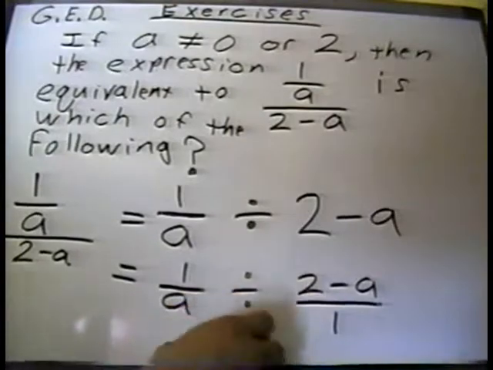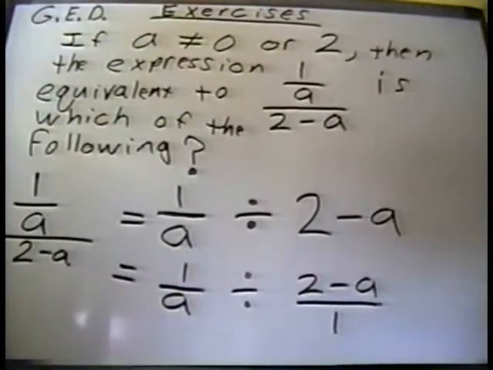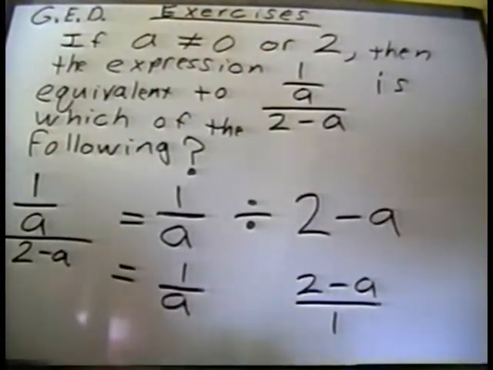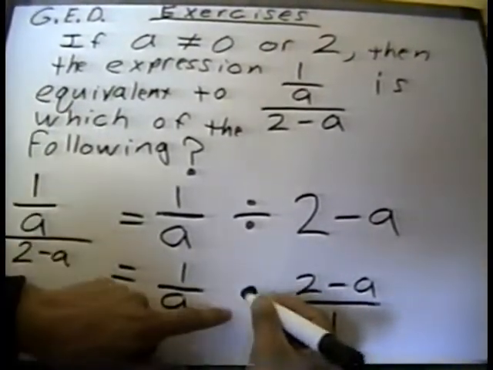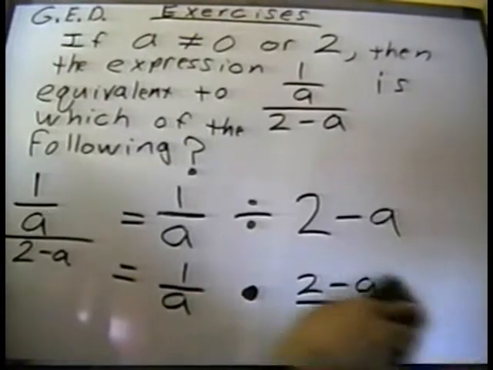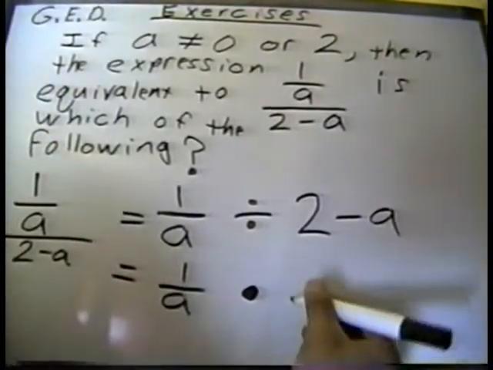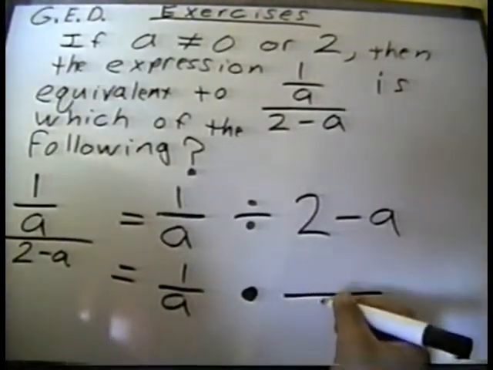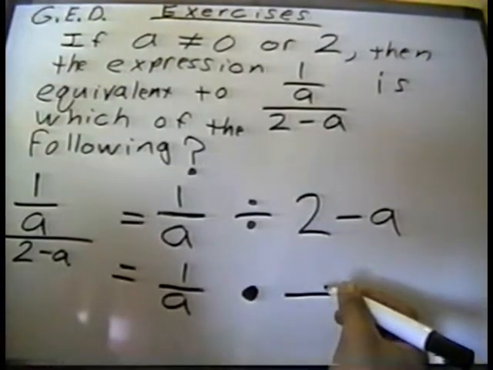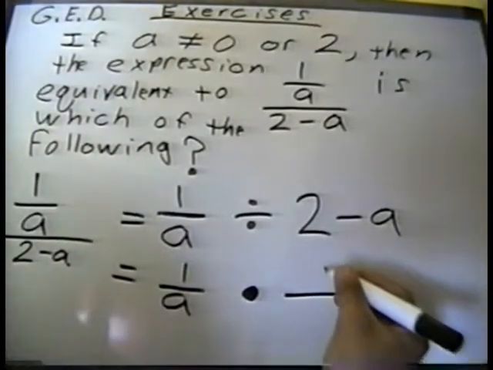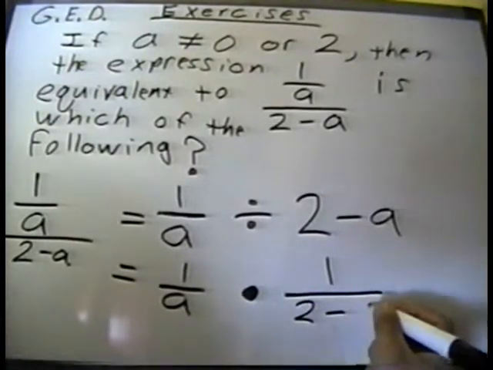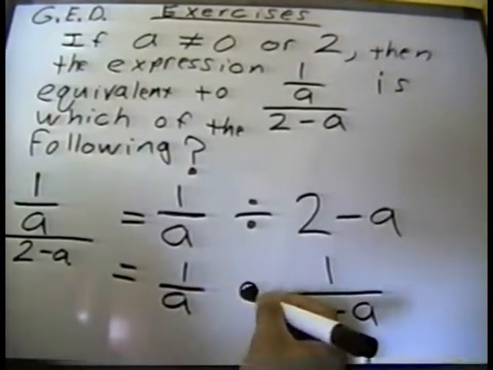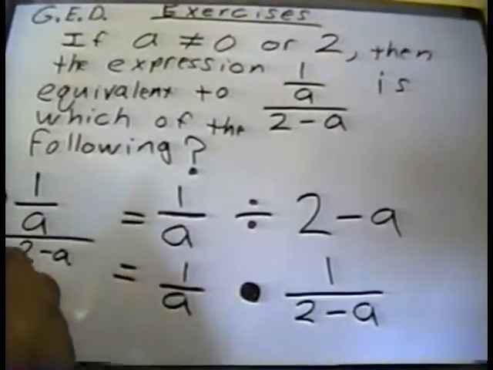Okay. But if we should have this written down now, I'll drop down another line. Now if you want to turn this into a multiplication, remember we multiply by the reciprocal when we are dividing a fraction.